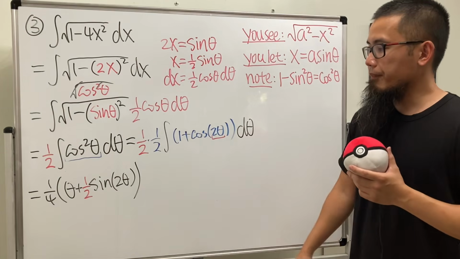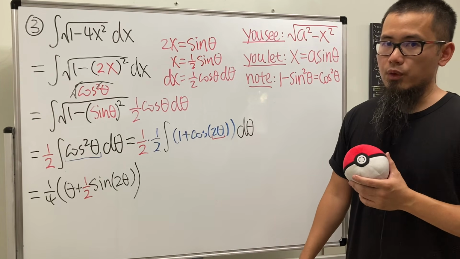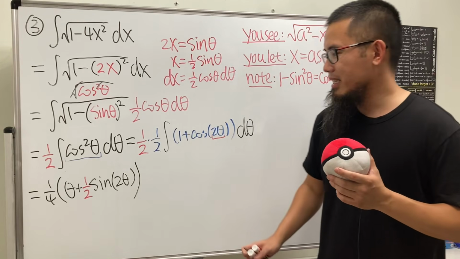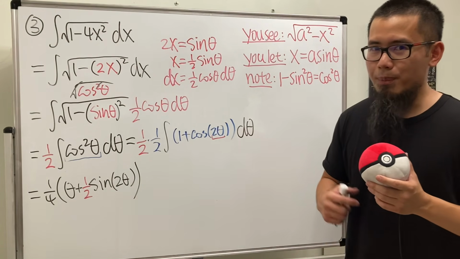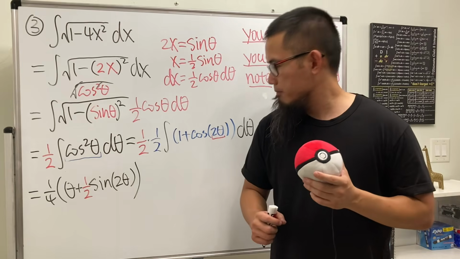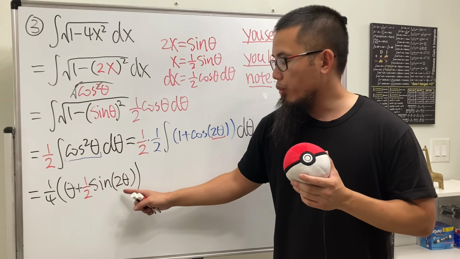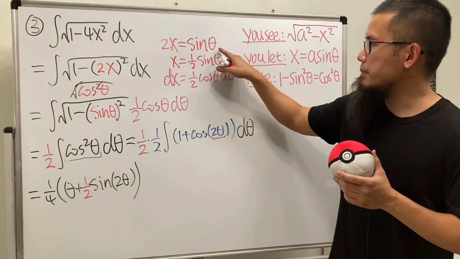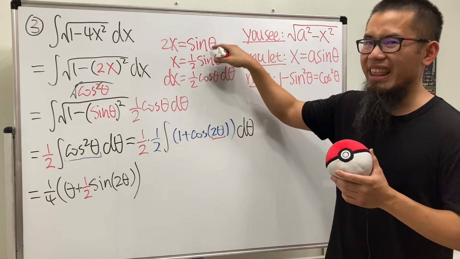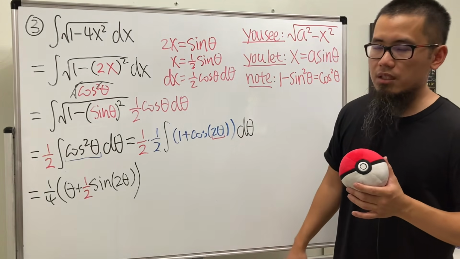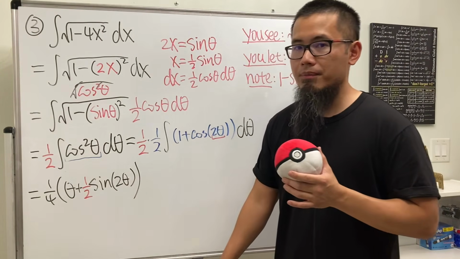So just like that. All right, I know this is a lot of work, but we're not done yet. We're almost done. Again, we will have to go back to the x world. But the problem here is that here is sine 2 theta. Our original substitution only deals with theta inside. So we will have to use the double angle identity for sine.